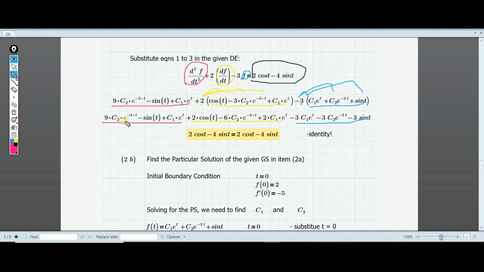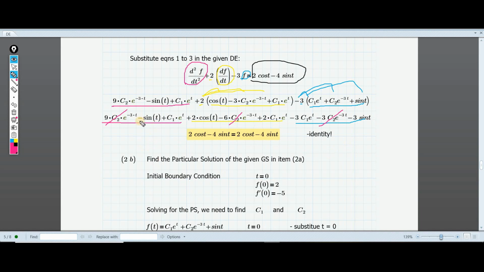Asaan yung mga may e to the negative 3t? So, ito may negative 3t sa taas. So, let's try. This is 9. This is 9. Then we have here minus 6. And then we have minus 3. So, magka-cancel out na yun. 9 minus 6 is 3. Tapos, minus 3 ulit. So, cancelled out.